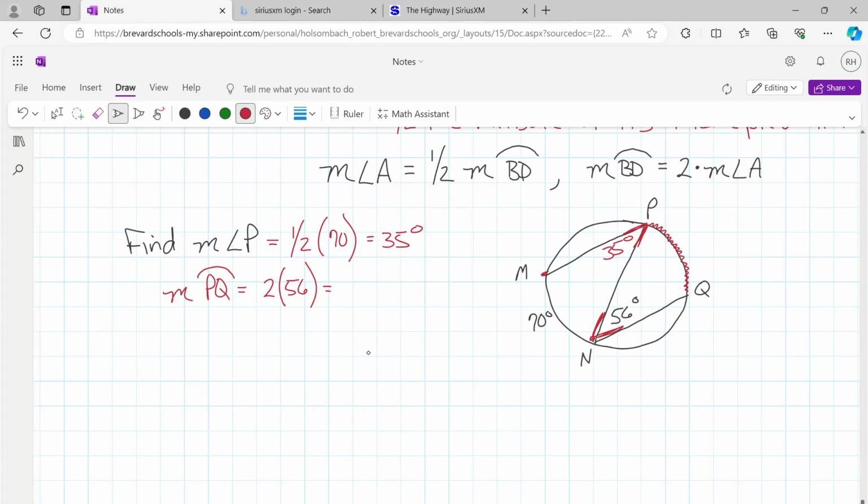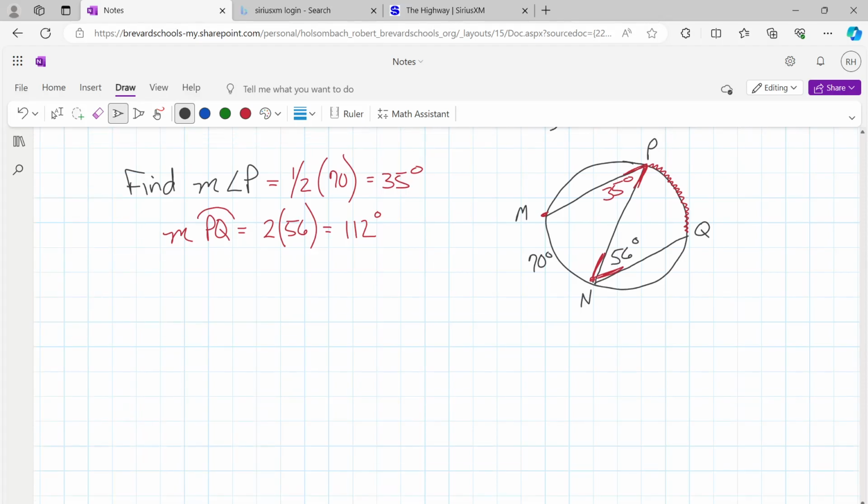And 2 times 56 is 112. And we're in degrees. Any questions there? Pretty straightforward. Let's look at the second part of that example.